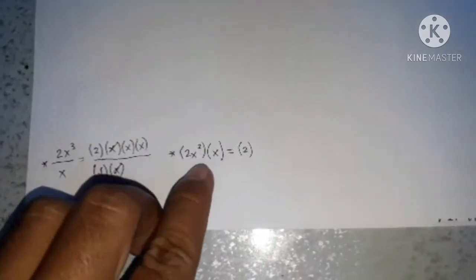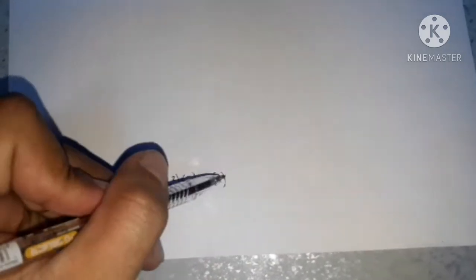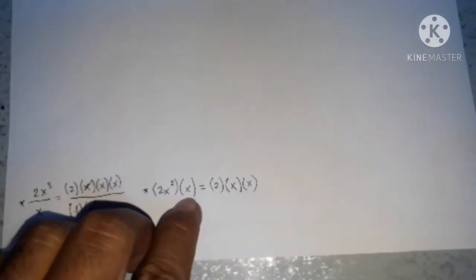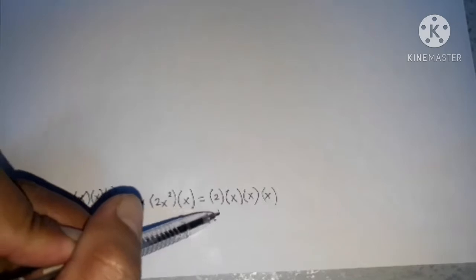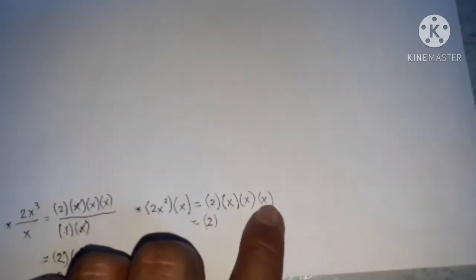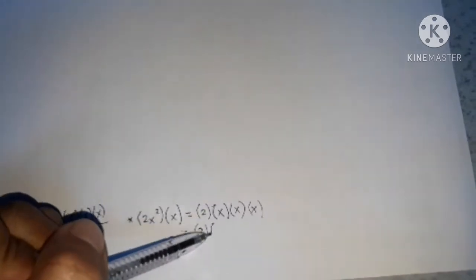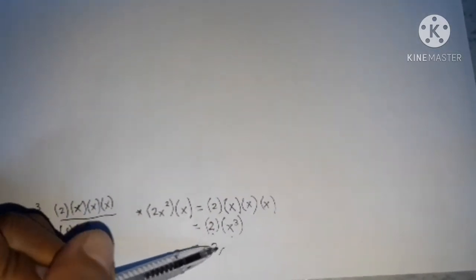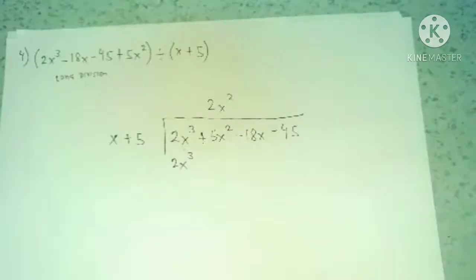Again, pwede natin isulat as 2 times yung x squared ay pwede natin i-write as x times x, and then times the other x. So you have 2 times x is x squared, and then x squared times x is x cubed. So 2 times x cubed is 2x cubed.